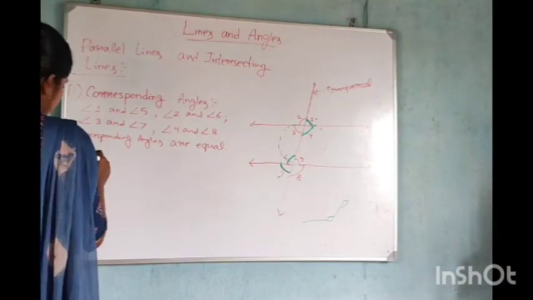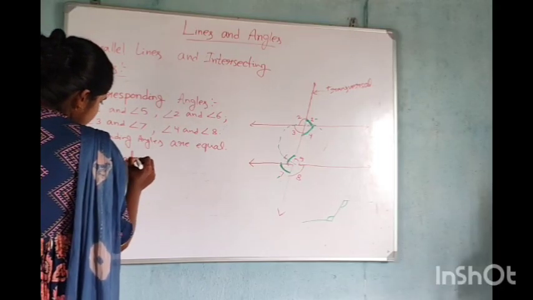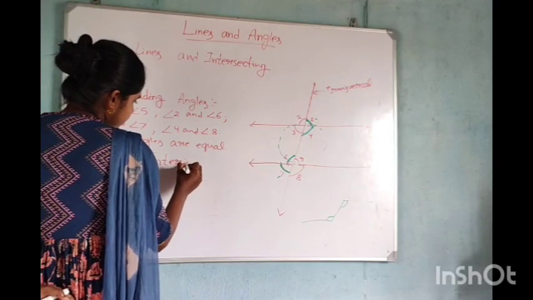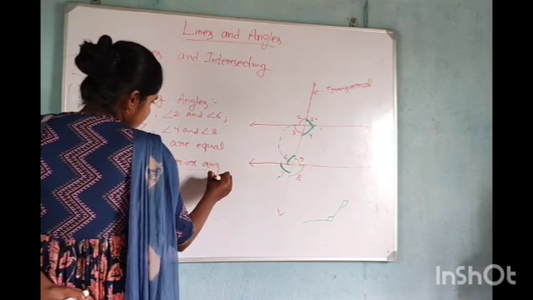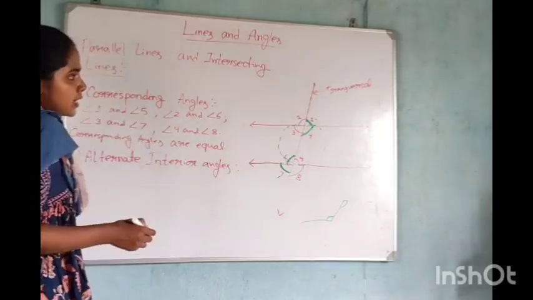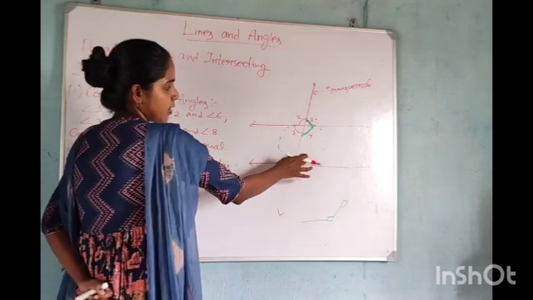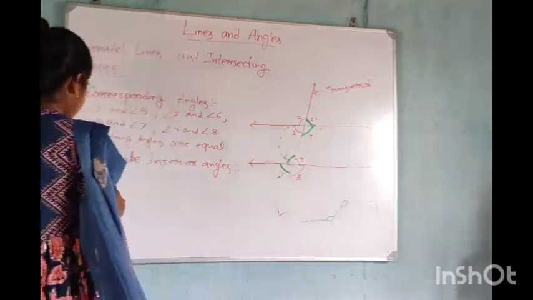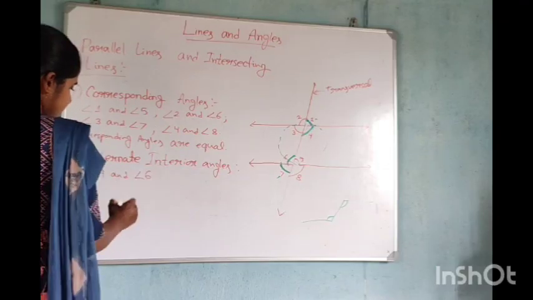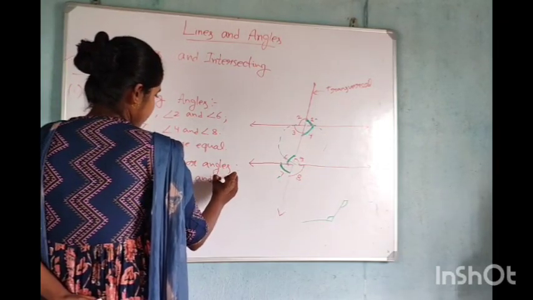Okay. So write alternate interior angles. What are the alternate interior angles? Alternate interior angles are 4 and 6, and 3 and 5.